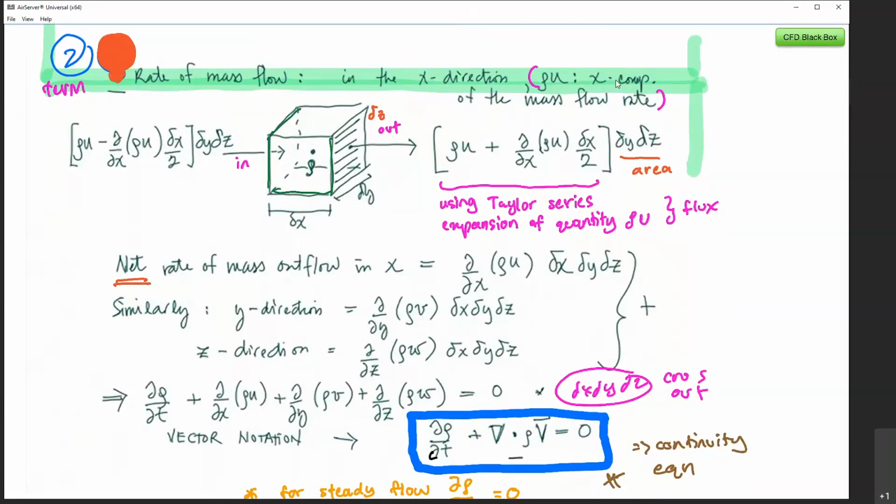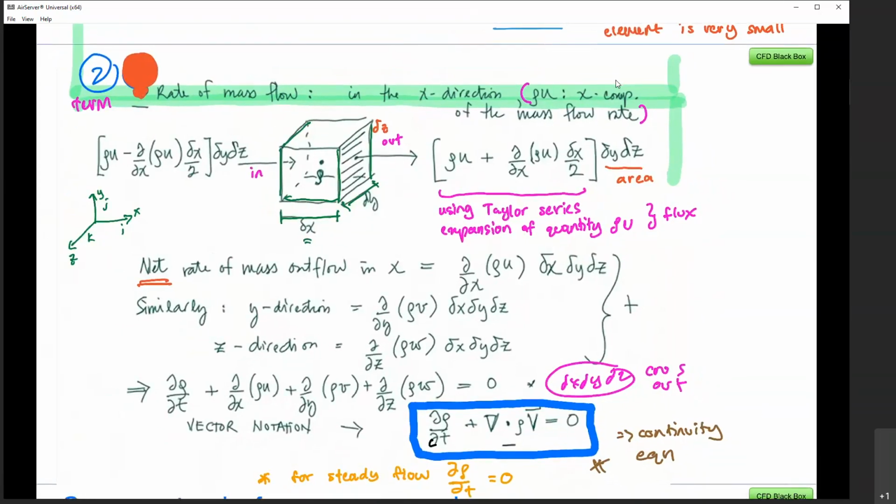If we label it, this is our dx, this is dy, and of course we have dz. Just remember our orientation from before: x, z, and y correspond to the i, k, and j components.